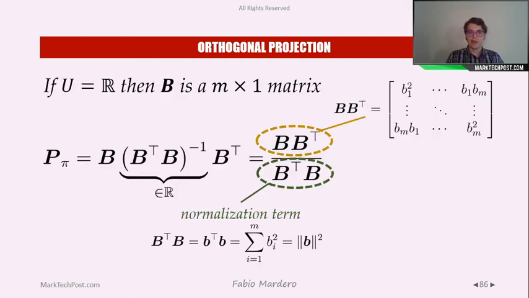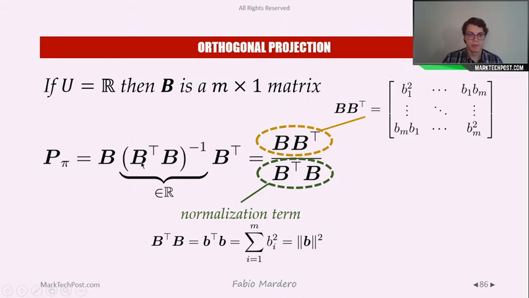Let's take a look at what happens if U is a line, an axis. We get that b, the basis vector, is an m times 1 matrix. So b transpose times b is a number.